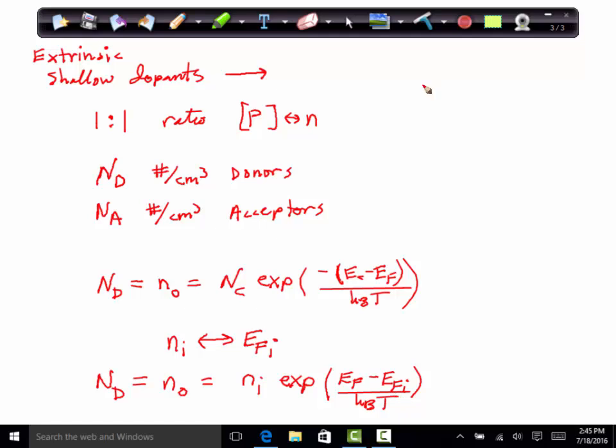So really what we're doing on a band diagram here, we have a certain number of electrons in the conduction band.